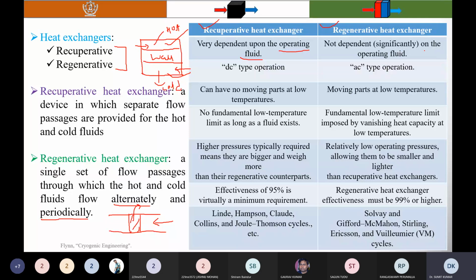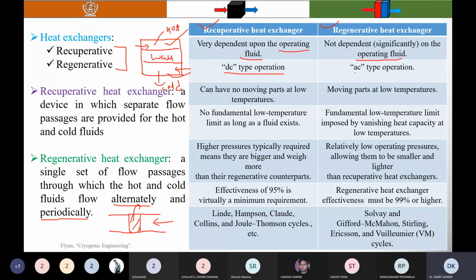Okay. This is a DC type operation. If you remember AC and DC. Okay. So here it's a DC type operation. It means hot and cold fluid are flowing continuously. And then hot fluid is exchanging the energy with the cold fluid. Okay. So this is the DC, direct current type operation.